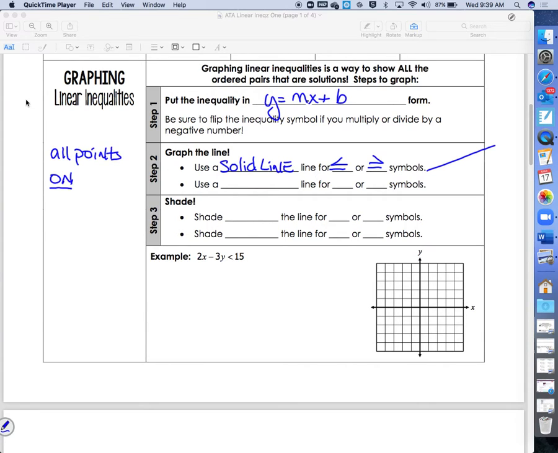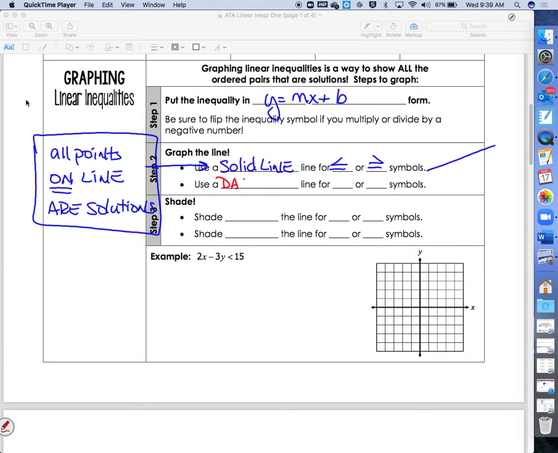All points on the line are solutions. So that's what it means to graph with the solid line right here. I'll switch ink color. You're going to use a dashed line when you're graphing the strict inequality.